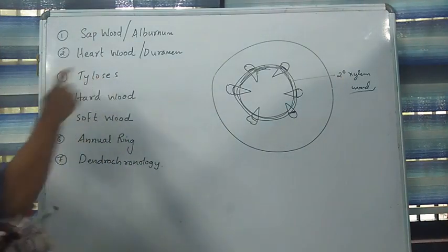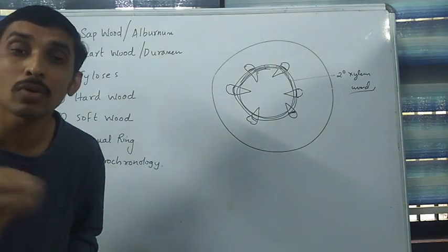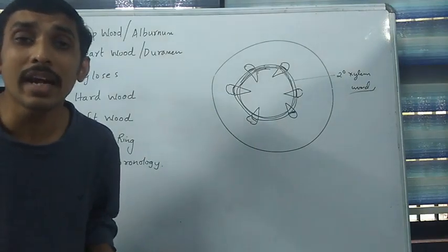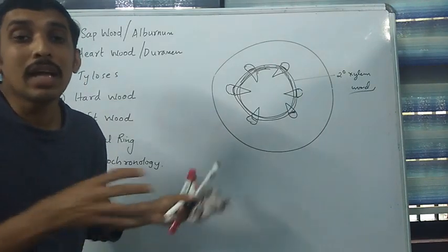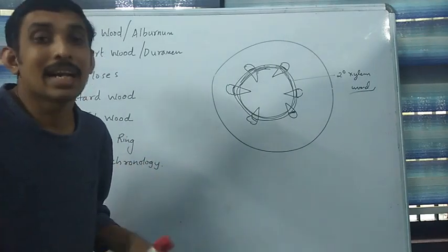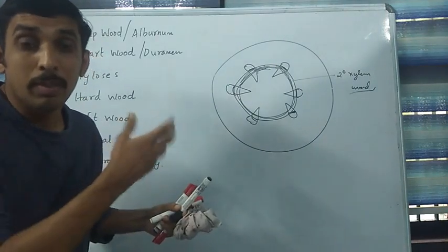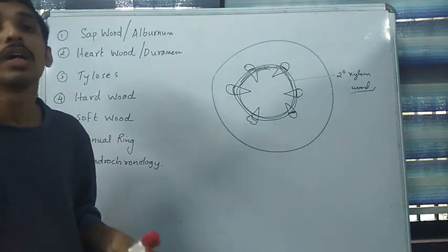We will study the third term, tyloses. That protrusion contains nucleus, protoplasmic content, and various kinds of secondary metabolites. Due to the presence of those secondary metabolites, the earlier formed secondary xylem, which we previously called sapwood, gradually shifts into hardwood.